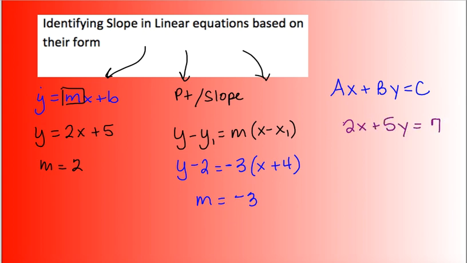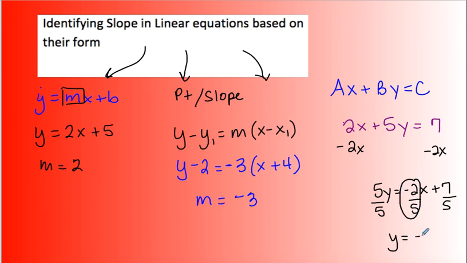All right, so you could put this if you wanted to in y equals mx plus b. So you'd subtract 2x, and you get 5y equals negative 2x plus 7, and then divide by 5. So my slope then would be negative 2/5.